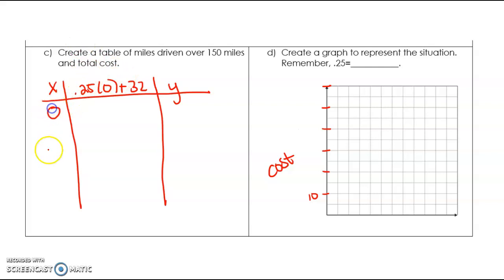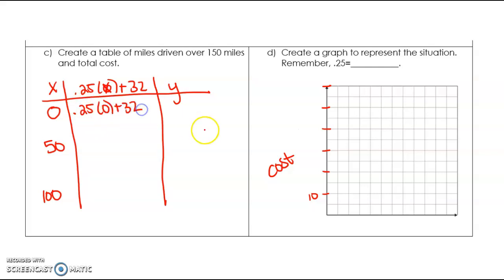So I'm going to start with 0 miles over 150, so that's 150 miles. 50 miles over 150, so really you're driving 200 miles. And 100 miles over 150, so really you're driving 250 miles. And I can put this, sorry, this is supposed to be x, into my equation.